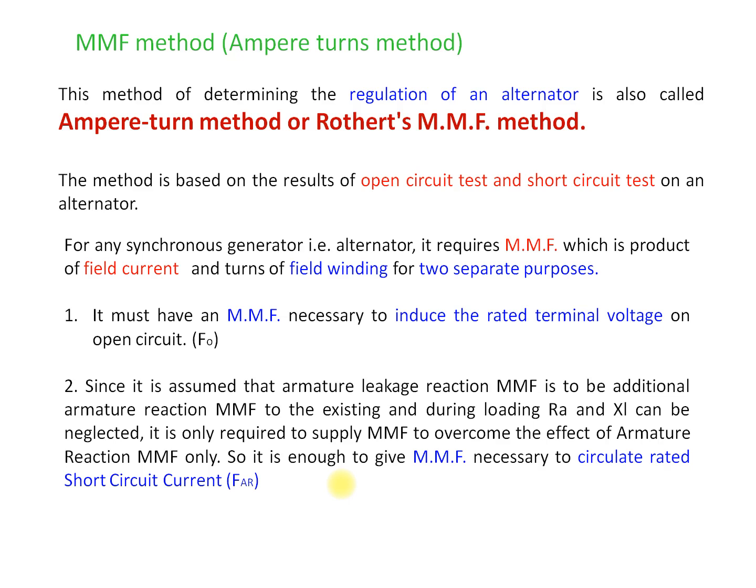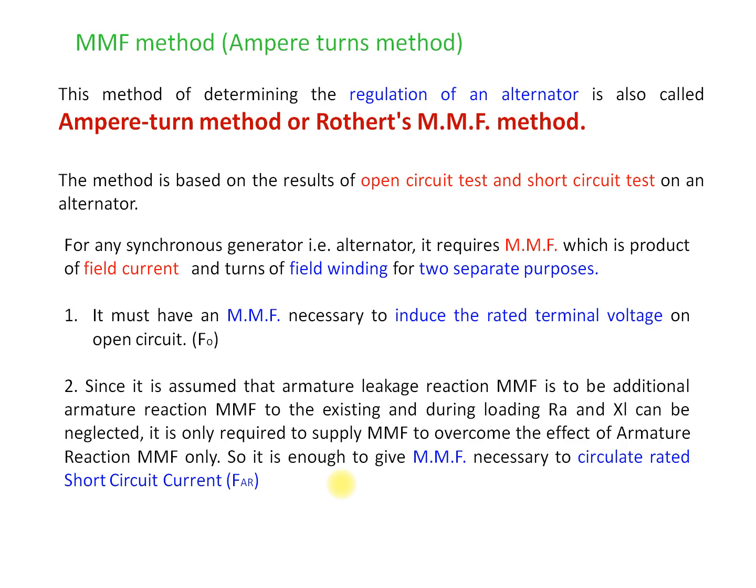So in this way, we will be finding out the value of the MMF which is needed to overcome that particular effect of the armature reaction from doing the short circuit test itself.